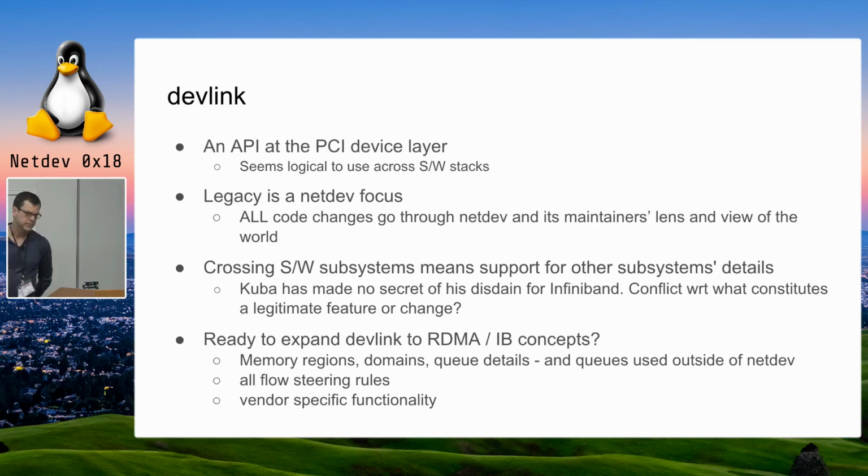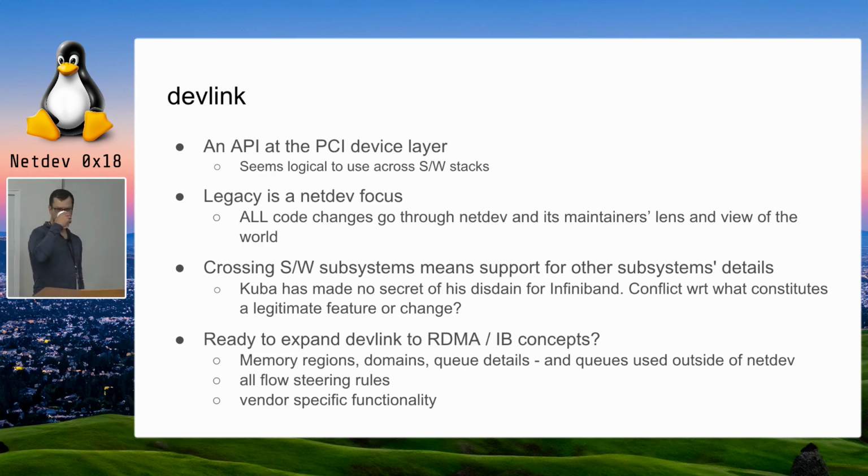The only comment I had was that it seems to me there's a fundamental question of whether DevLink is a networking device link or a proper PCI configuration device link. If you can't get an answer to that, I wonder if we'll just go in circles.